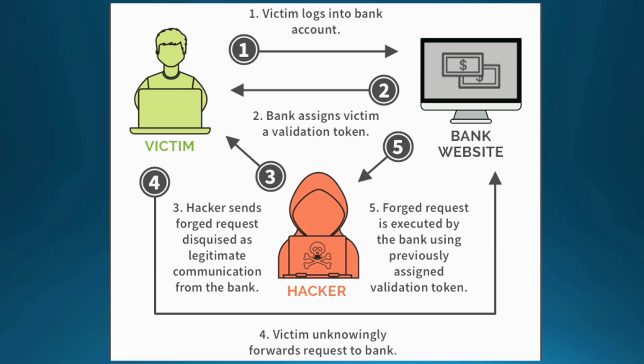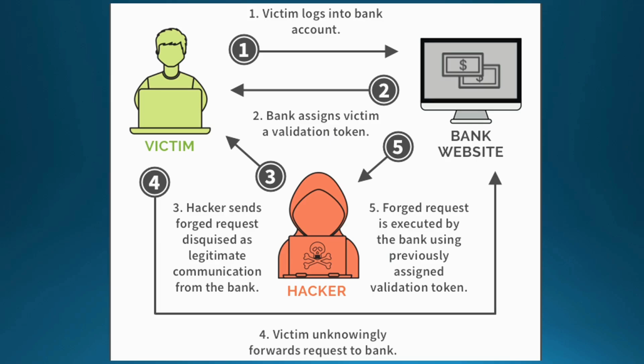So the victim logs into his account, and because the victim gives his credentials and logs in, the bank assigns a validation token. What does the hacker do? He sends a forged request by adding his script and disguises himself as the bank website.